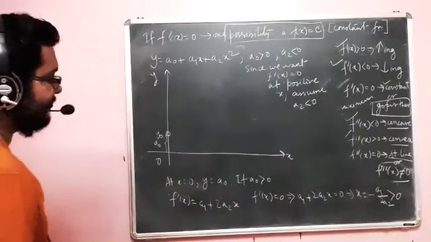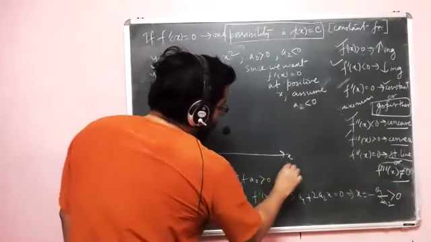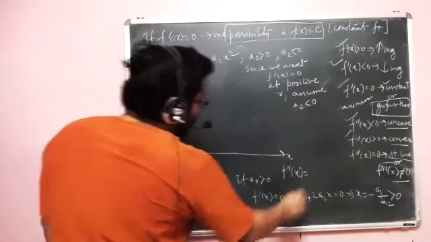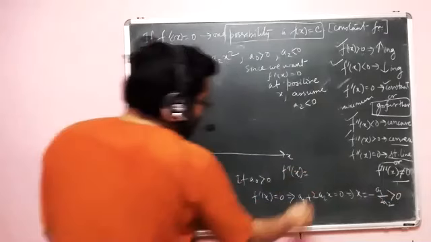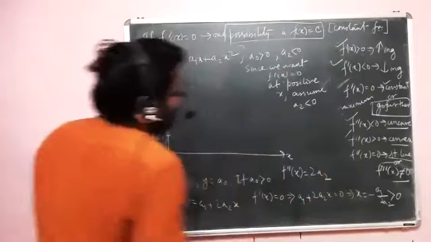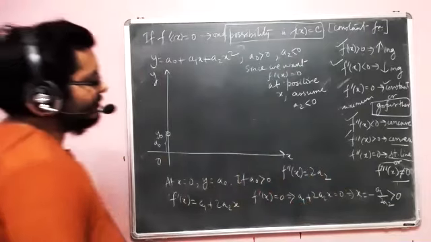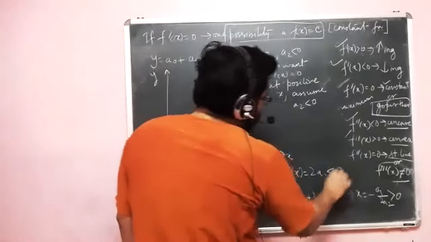So let's look for f double dash x. Now f double dash x is simply 2a2. So given a2 is negative, 2a2 is negative.